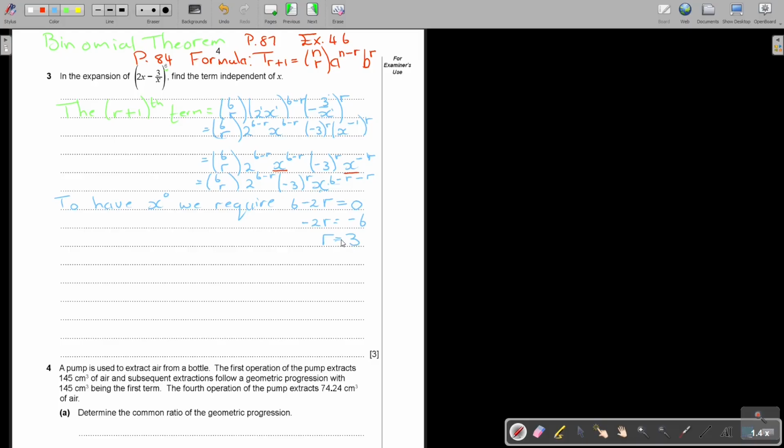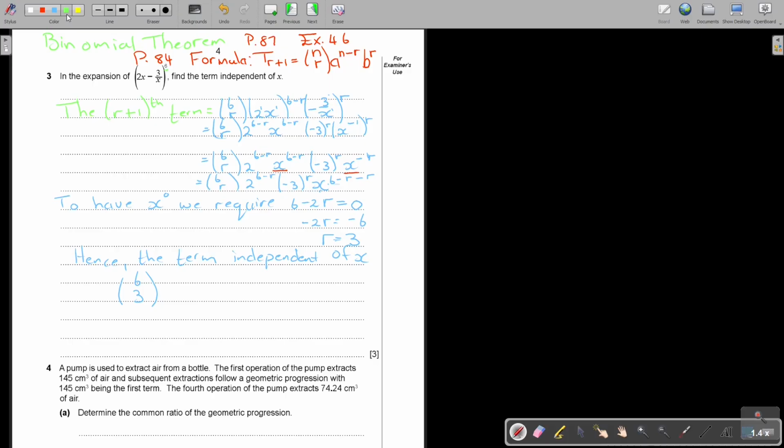Now, hence, the term independent of x. Because I have r now, I'm just substituting r. Can I just show you?